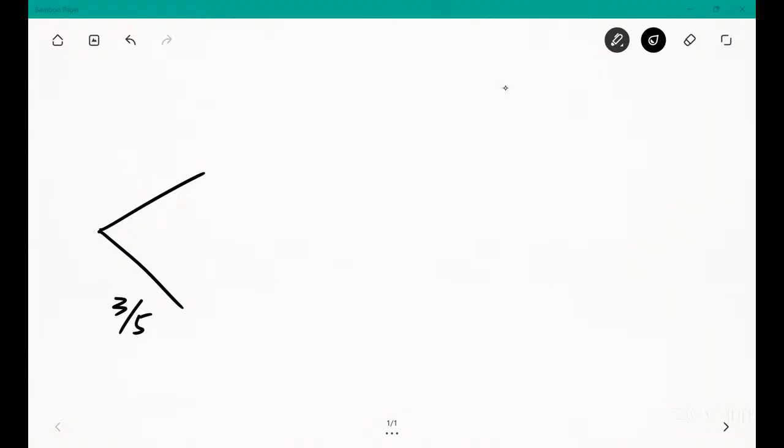But in this question, they have told us it was picked randomly one after the other. So here they haven't used the word replacement.